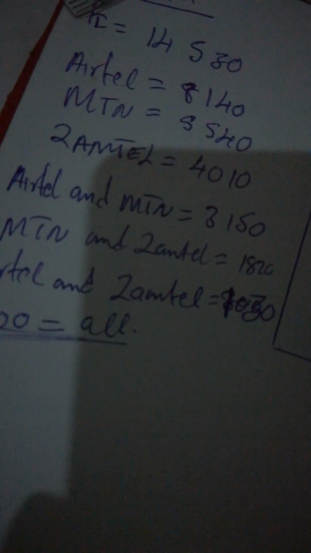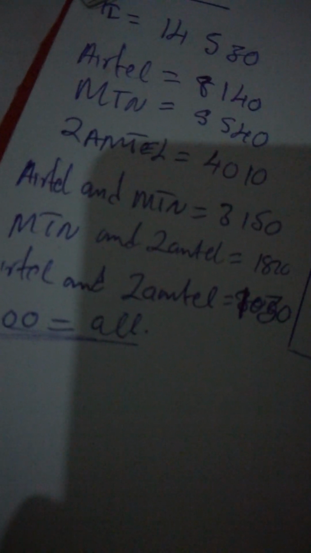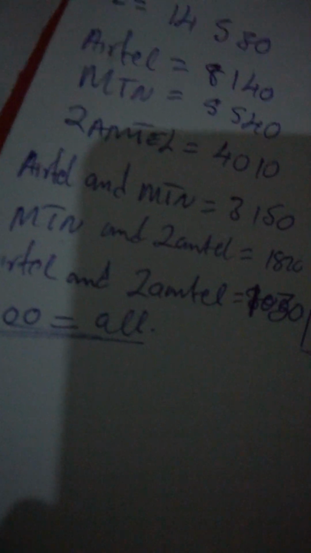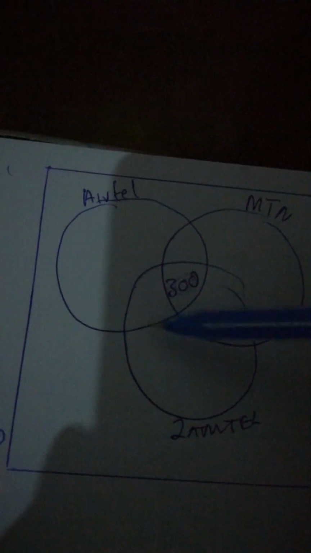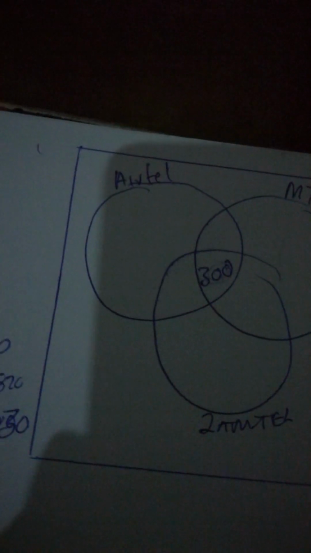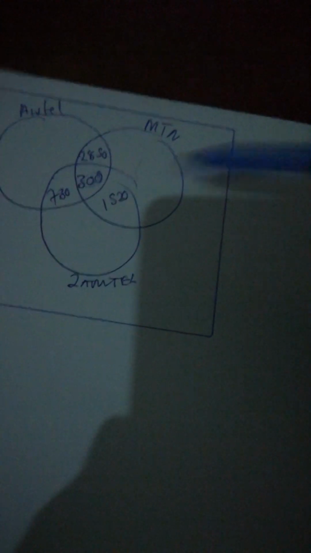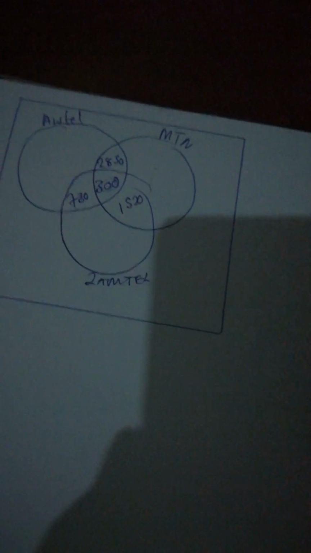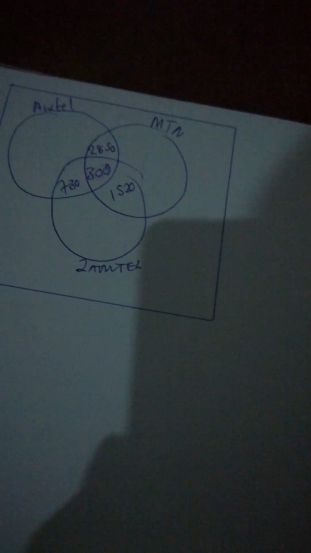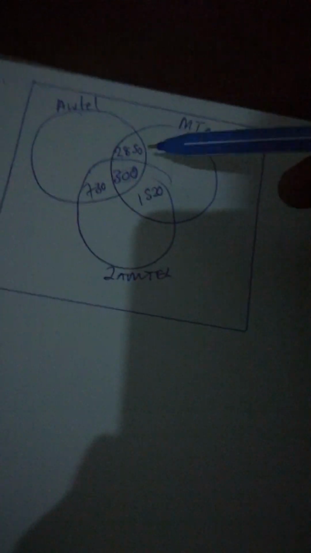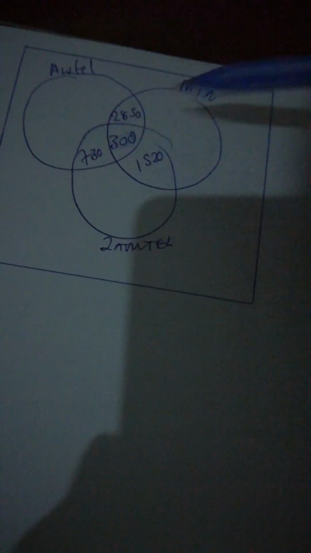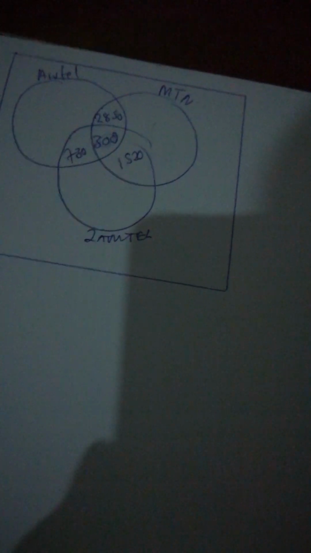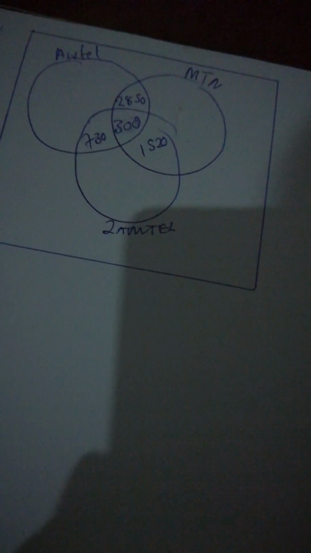So let's work with what we have here. We're going to compute these numbers, Airtel and MTN, Zamtel and MTN, and put them in their intersections, subtracting the 300. You must have something like this when you do the subtraction. Now we want to find the number of those who used Airtel only.